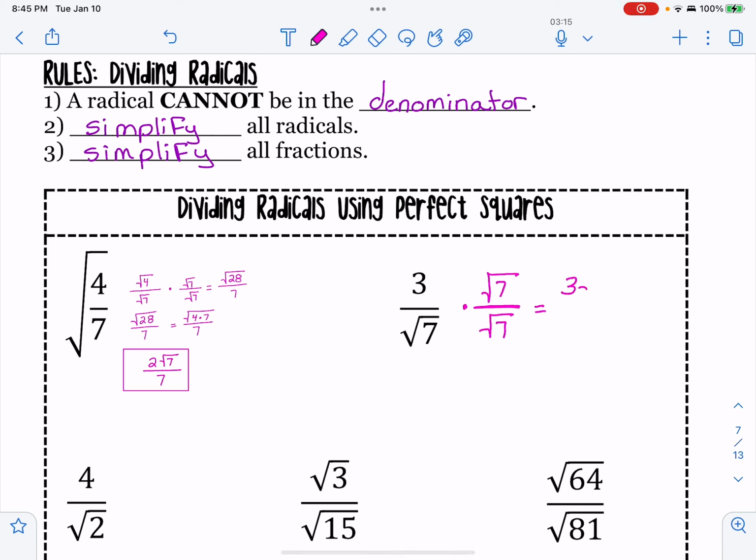I multiply my numerators together. And when I multiply my denominators together, once again, I have square root of 7 times square root of 7, and that works out to be just plain old 7. Now this is a properly simplified answer because I do not have a radical in the denominator, check. My fraction is simplified, check. And my radical in the numerator is simplified, check. Check, check, check.